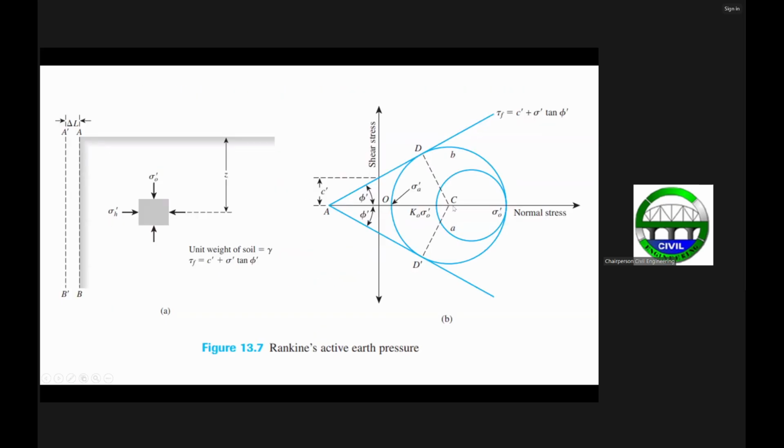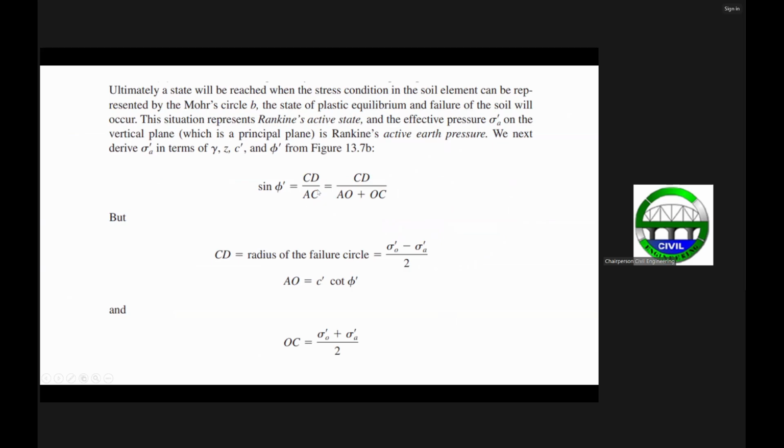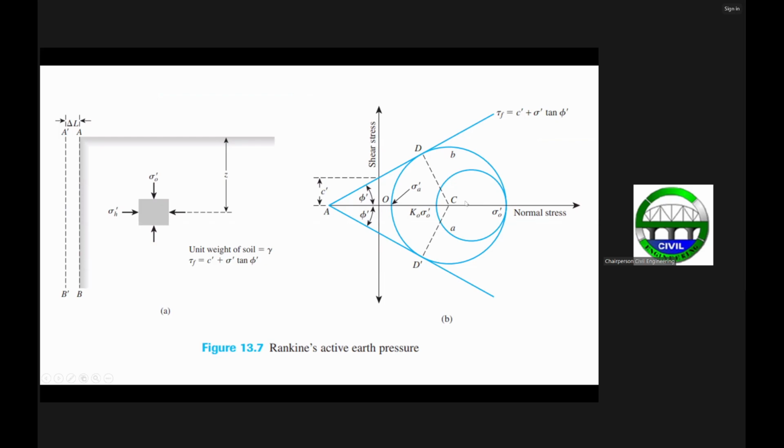The opposite side to this angle phi prime is CD over the hypotenuse AC. I hope you're seeing my cursor. Thus, AC is equal to AO plus OC.